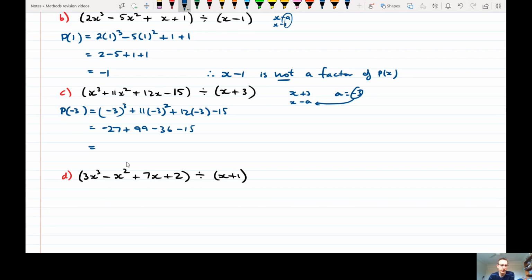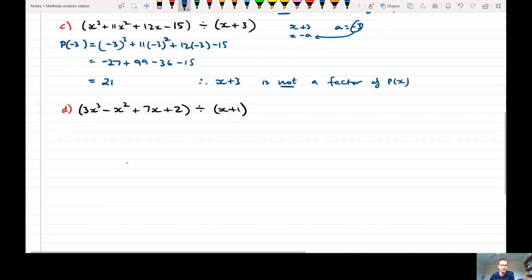Take away another 27 is 36 actually, minus 15, you're left with 21. Therefore, x plus 3 is not a factor of p of x.